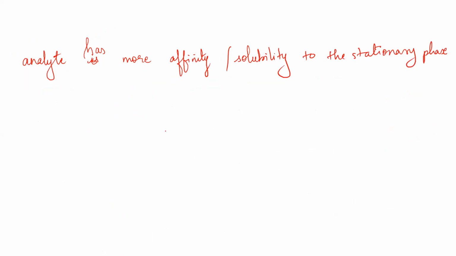I mean, will it pass the column quickly or will it pass the column very late? What will happen if your analyte has more affinity or solubility in the stationary phase? Will it come out first or will it come out last?